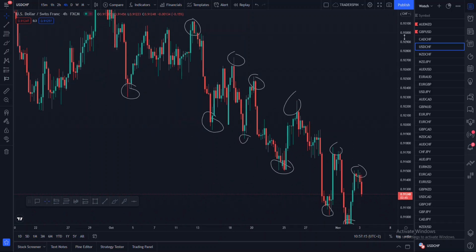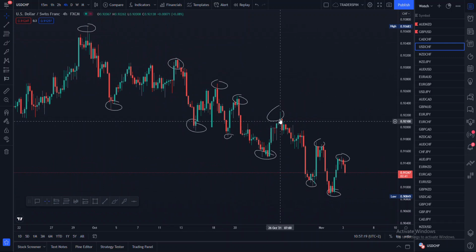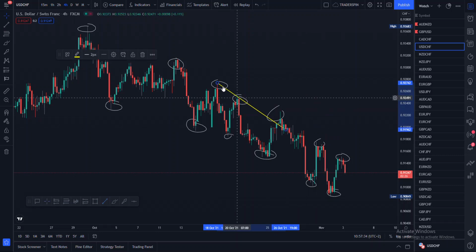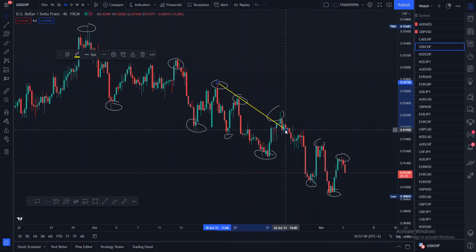But why did we enter here, right? We look at the previous two lower highs. That is where our trend line has to be coming from, the two touches, right?